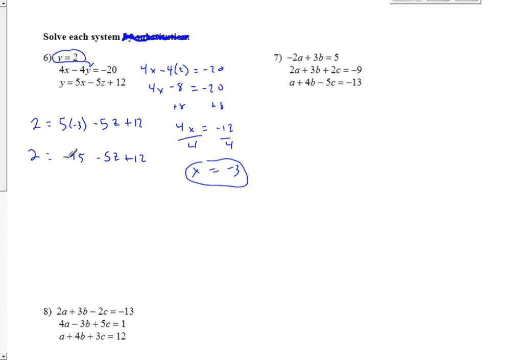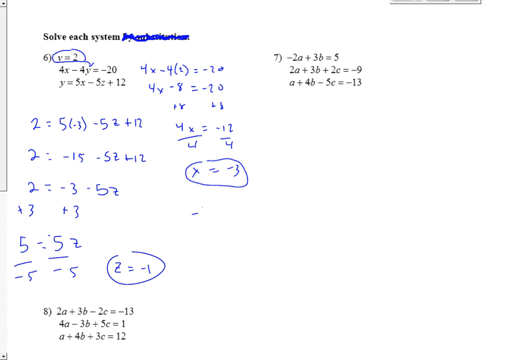Now we have negative 15 plus 12, which is negative 3. So negative 3 minus 5z. We're going to add 3 to both sides. We get 5 equals negative 5z. Divide by negative 5, and we get z equals negative 1. So we have x, which is negative 3, y, which is 2, and z, which is negative 1. Now we have our ordered triple, and we have the solution for number 6.